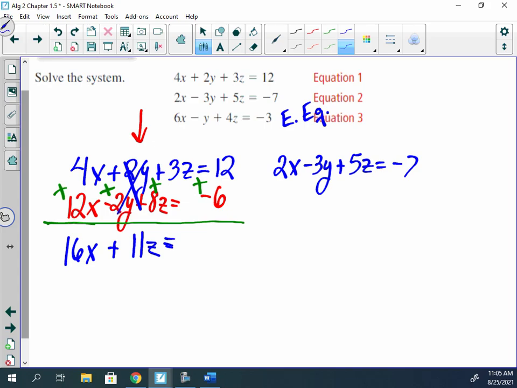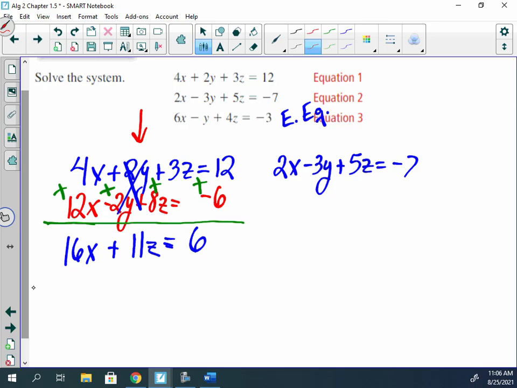Equals 6, or 12 plus negative 6, or 12 minus 6 is 6. So we've taken two equations with three variables, and now we have one equation with two. We just need another.